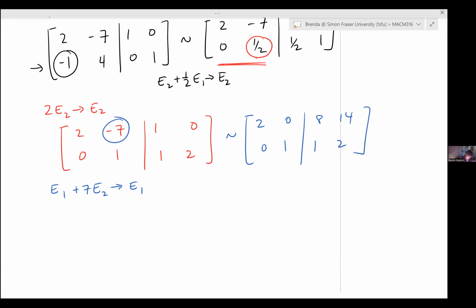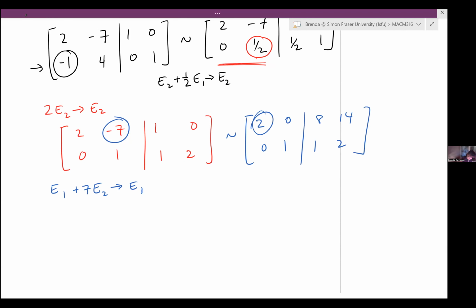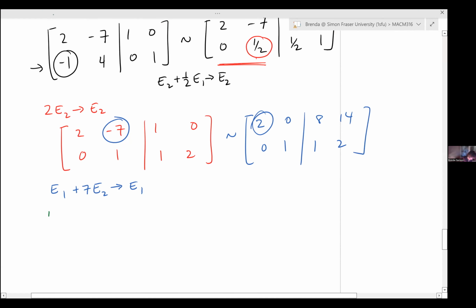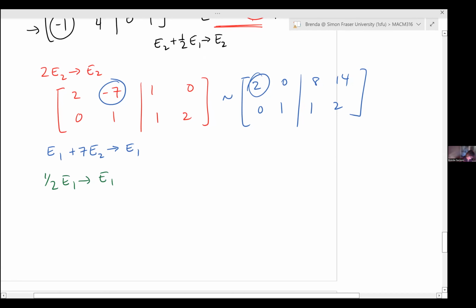Okay, I'm getting close. This thing needs to be a 1. In order to do that, I will take 1/2 E1 and put it back into E1, just multiplying E1 through by 1/2. So this is like that. That is going to be 1, 0, 4, 7, 0, 1, 1, 2.